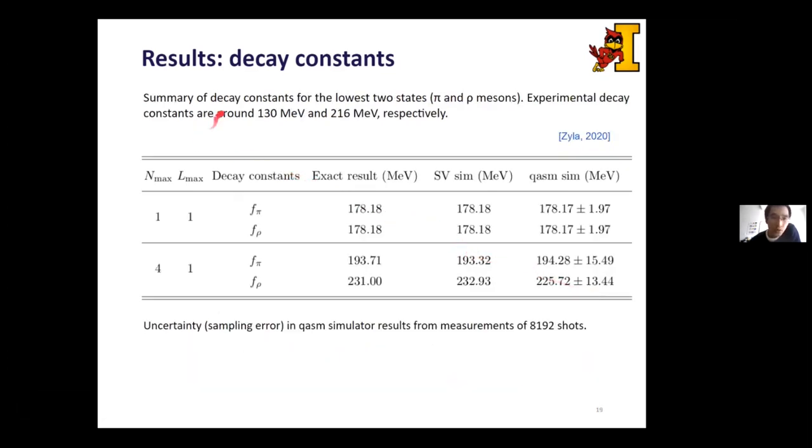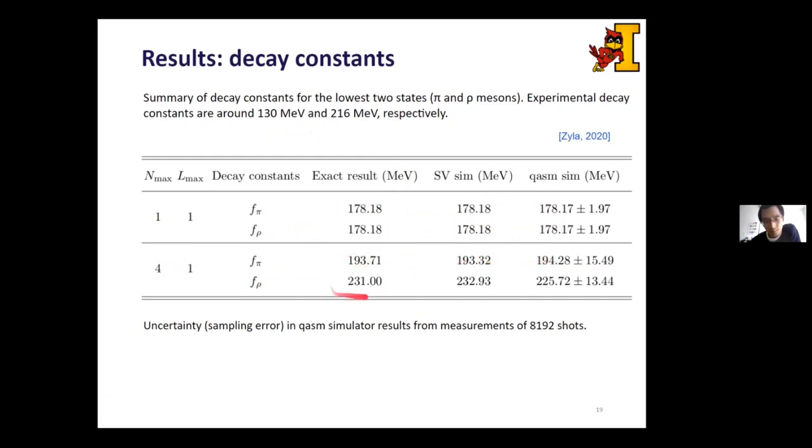And here I show you the result of the decay constant for the lowest two states, the pi and rho, from the SSVQE result. And the experimental decay constants are around 130 MeV and 216 MeV respectively. And as you can see, if you compare horizontally, you see the agreement between the simulators and the exact result that you get when you solve the problem classically. And as you increase your basis size, the performance still agrees between the simulator and classical result.